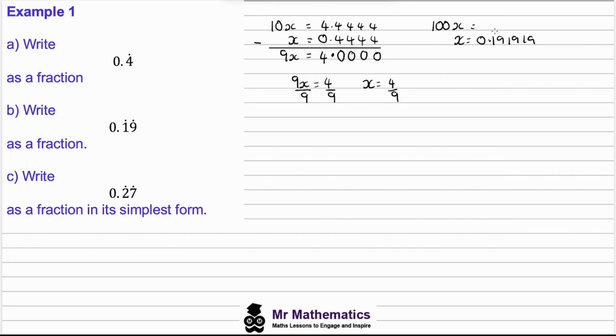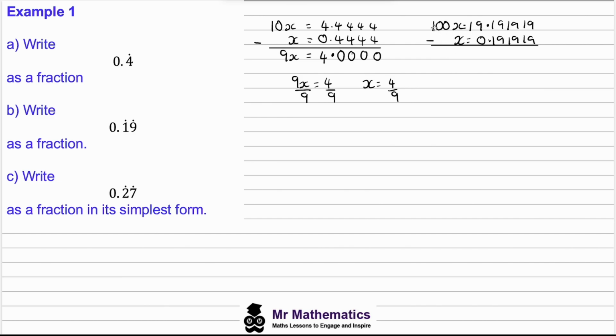And then all of these numbers would move across 2 places. So we'll have 19.1919, and so on.